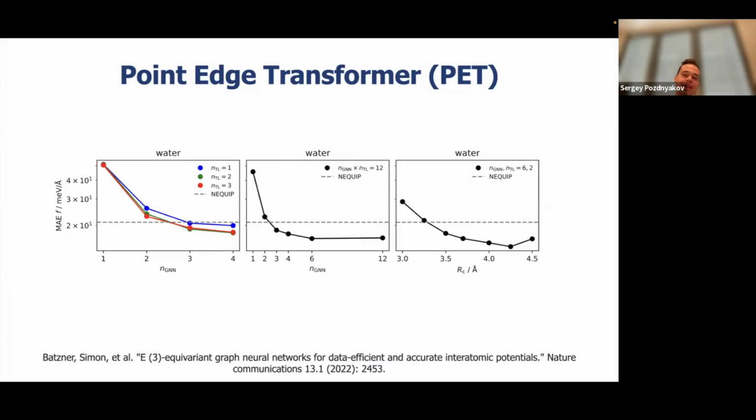What is really important here is that I compare the performance of our architecture with Allegro. And as you can see, our model with proper hyperparameters outperforms it, and it outperforms by quite a margin. The dataset is a liquid water dataset.